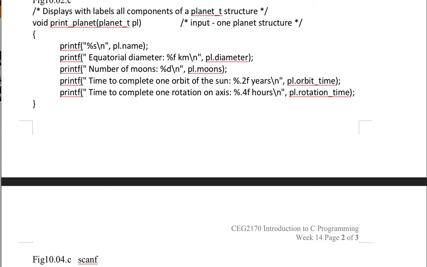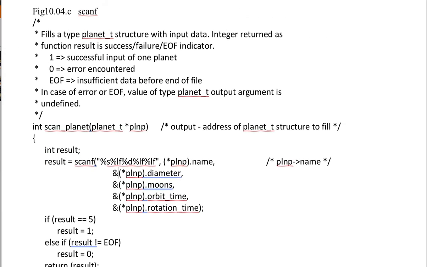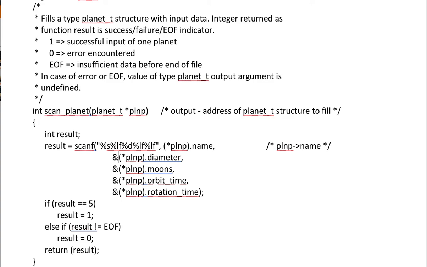And especially for scan element, you really want to be very careful when you have a pointer and you want to take out the actual value from the pointer. You are going to use the asterisk notation. And then you want to take the address of the variable, because the variable is a member of the planet type. So you are going to have the ampersand before the entire thing.